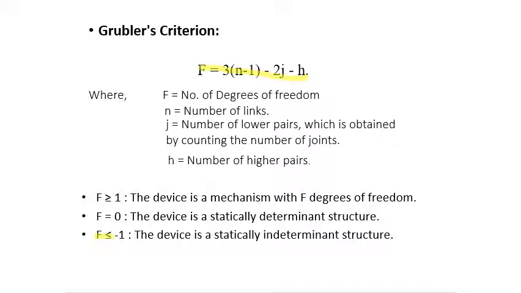Suppose this is the special case. If F is less than or equal to -1, then we call such a mechanism or chain a statically indeterminate structure. I will explain what a statically indeterminate structure is in the next class.